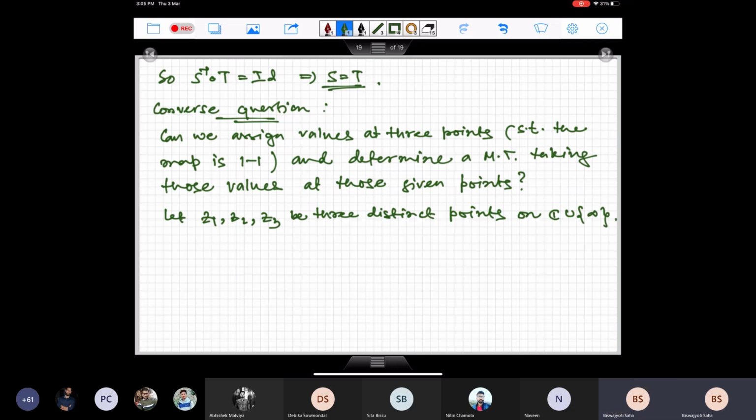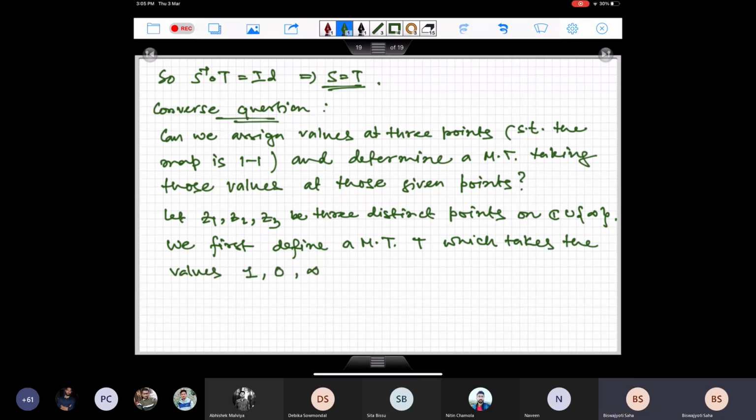We first define a Mobius transformation T which takes the values 1, 0, infinity at Z1, Z2, Z3 respectively.